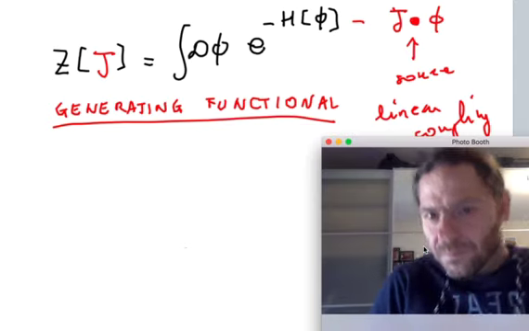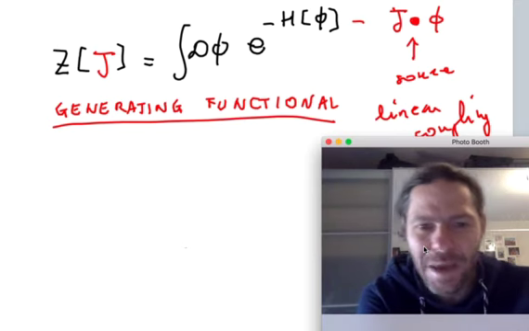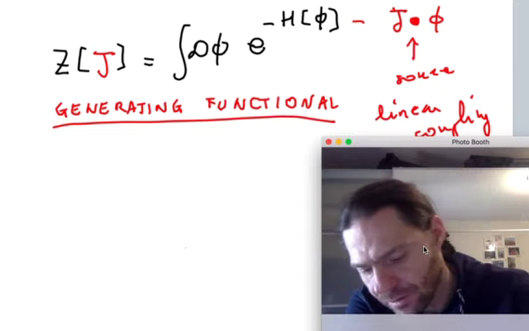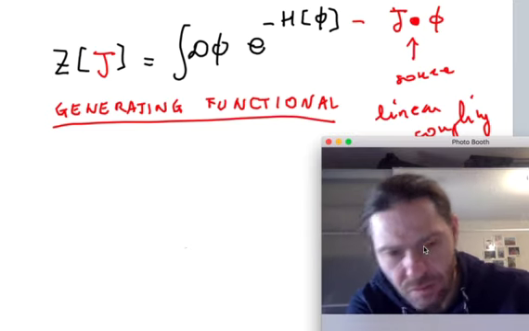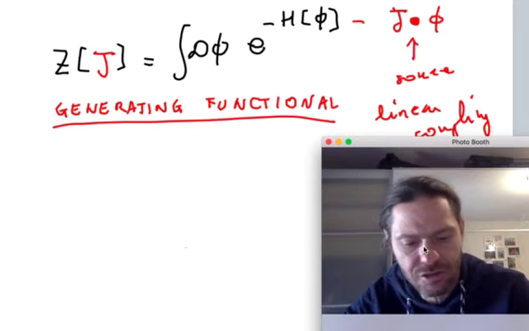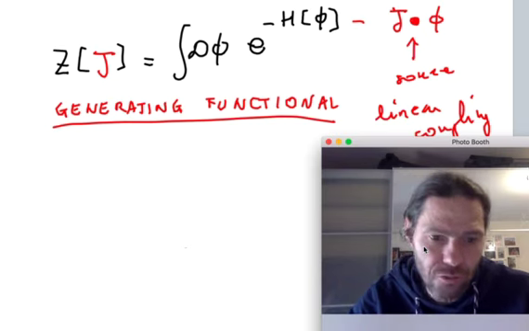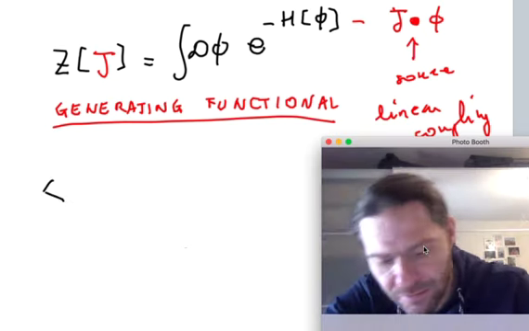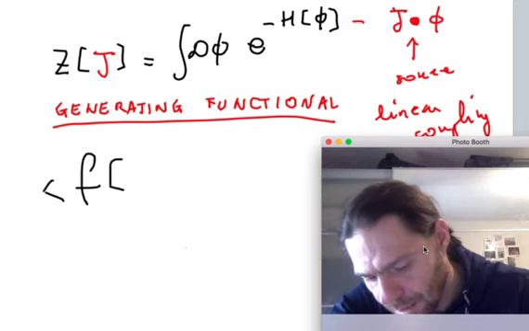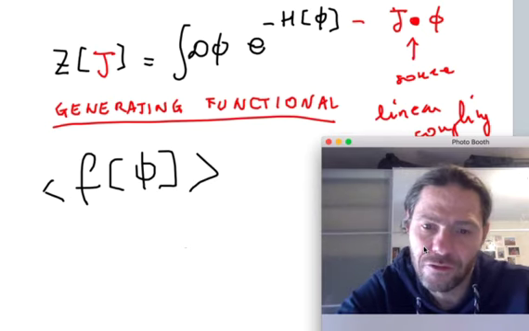Okay, so in quantum mechanics, in statistical mechanics, basically all we care about are correlation functions, endpoint correlation functions, thermal averages of functions of the fields. So in general, since the fields are my only dynamical variable, I want to compute the thermal average of a functional of a field.